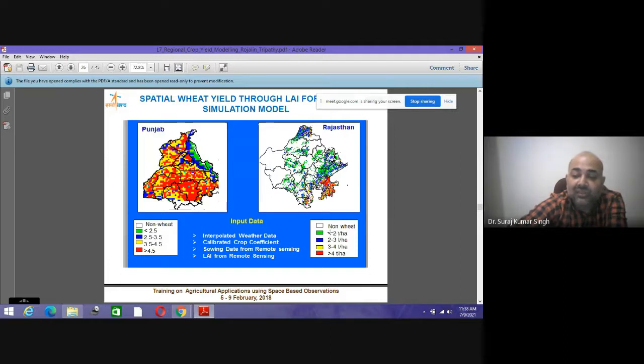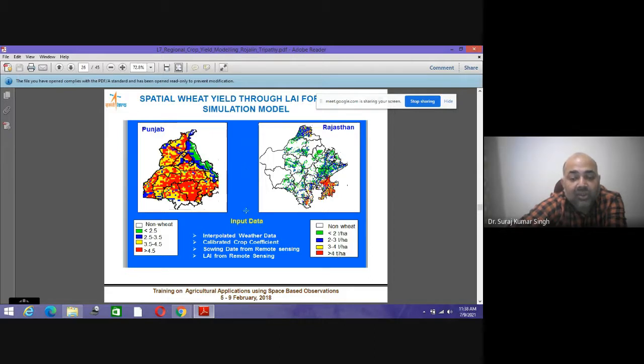By seeing the color, we are representing the agricultural land which is going to have more than 2 tons per hectare, then 2 to 3 tons per hectare, 3 to 4 tons per hectare, or more than 4 tons per hectare.